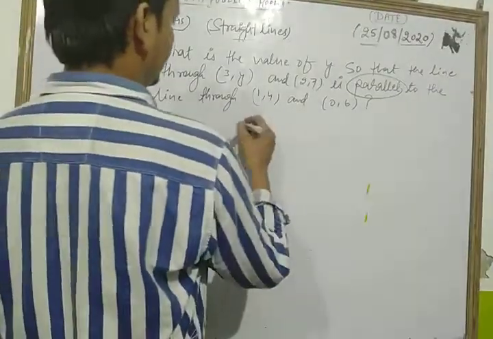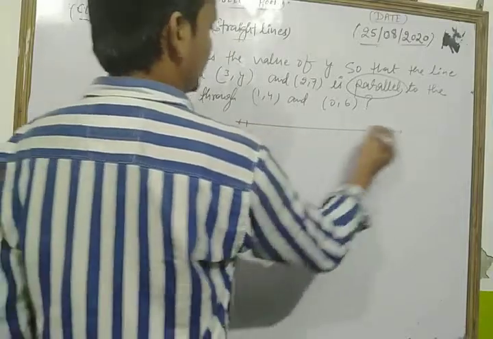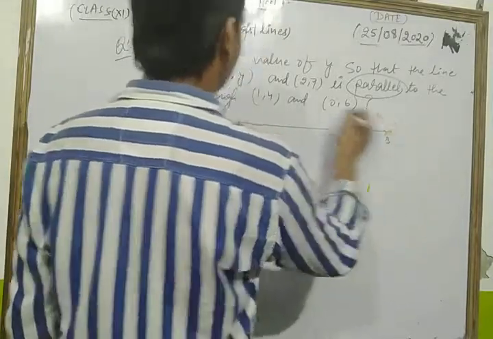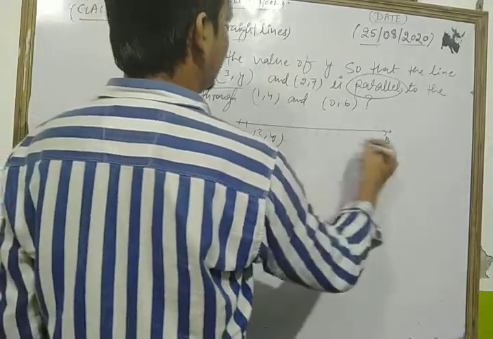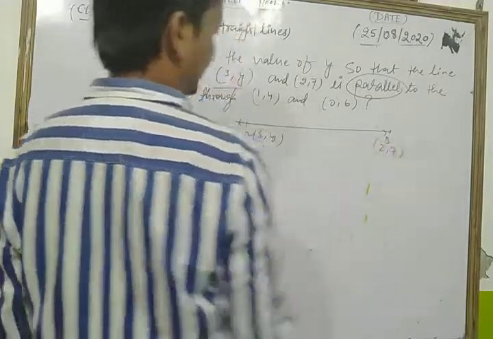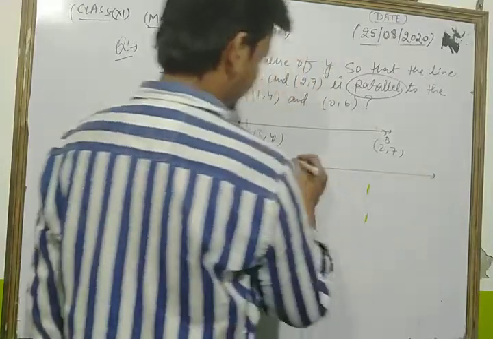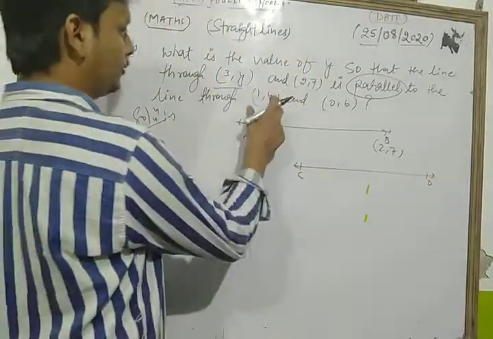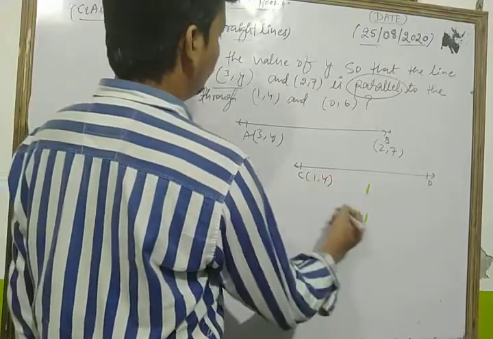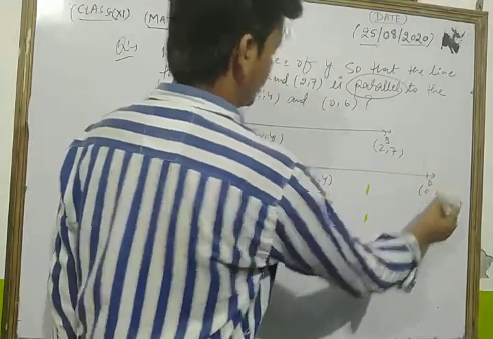Suppose that a line AB passes through the points (3, y) and (2, 7), and a line CD passes through the points (1, 4) and (0, 6).